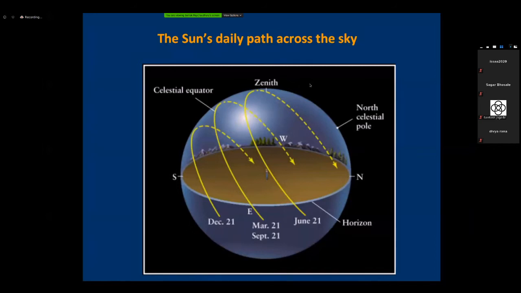And then the sun, during the daytime, you know, rises in the east and sets in the west, and it does not rise in the east every day. It rises due east only 2 days in the year.